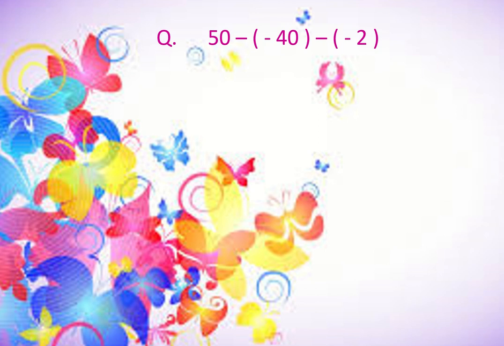In this, first step is to remove the bracket, and I will not consider two signs with a number. So reduce the sign: minus of minus, now all of you know it will reduce to plus. Same in another case, minus of minus 2 would be plus 2.